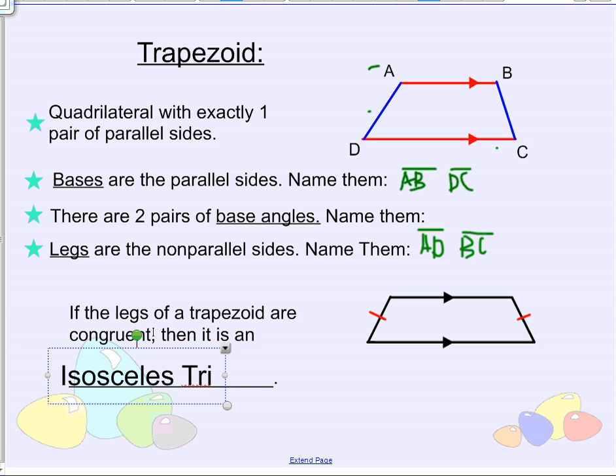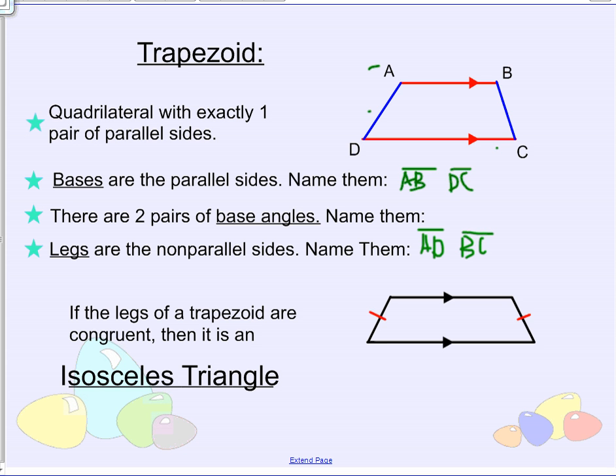I can't type today. So this is when the legs are congruent to each other. So, for example, this side and this side.